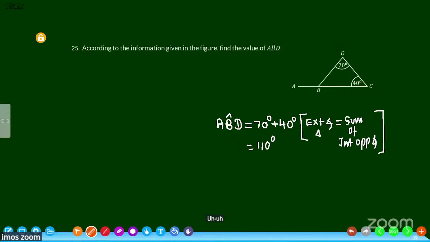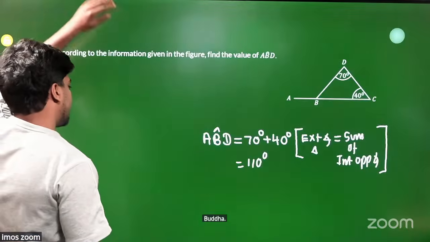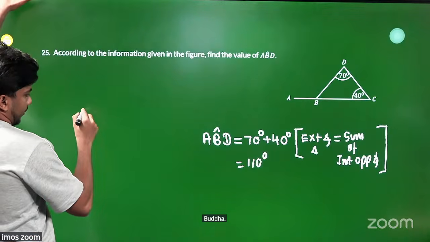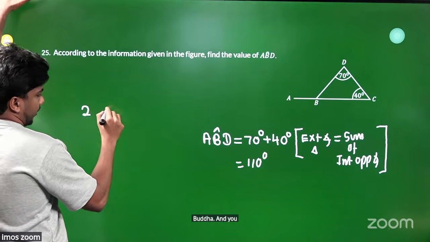Can you teach me again the laws of the inequalities? Laws of inequalities. You already know 3 is greater than 2.